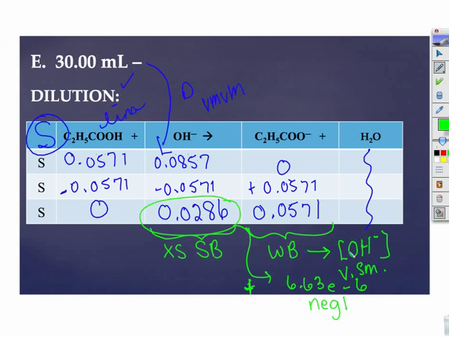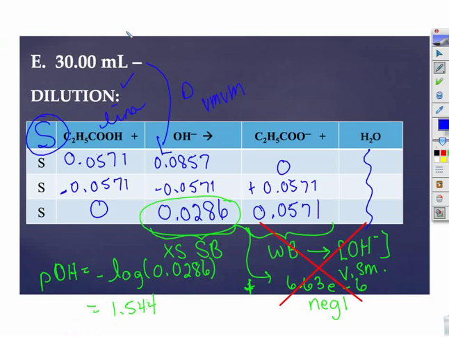So any contribution from our weak base is very small compared to this excess strong base. And so we're just going to get our pOH from that. So our pOH would be minus the log of 0.0286, and that's 1.544.